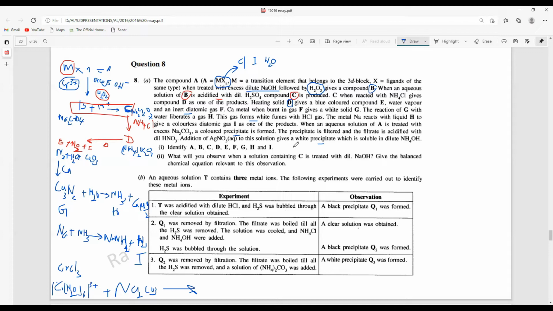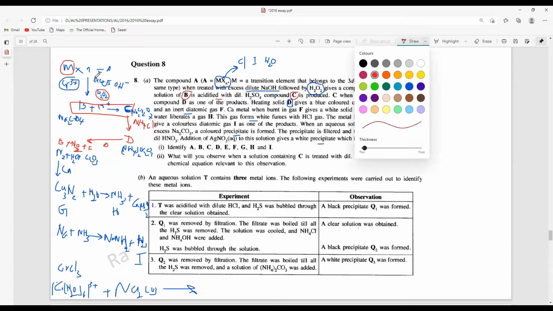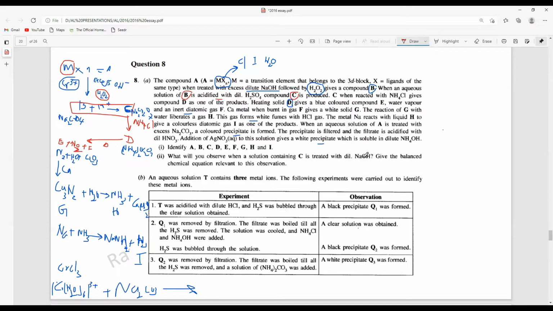Okay, so again, chromium, it is soluble in ammonium hydroxide. So the first point is identify all these A, B, C, D, E, F, G, H, and I. So we have identified all of them, everything is identified, right?